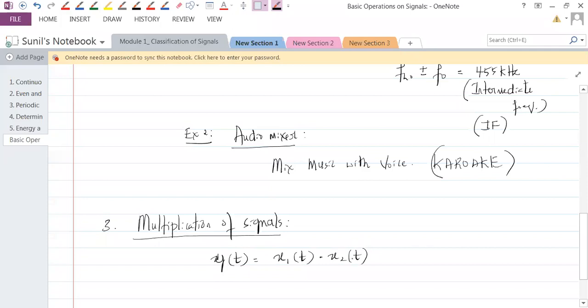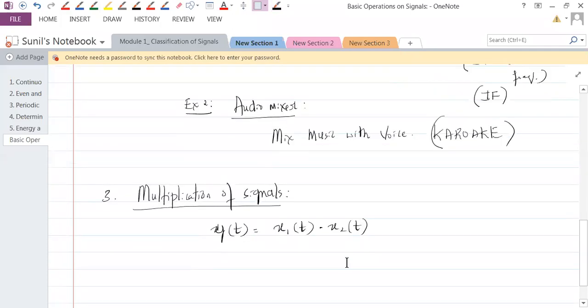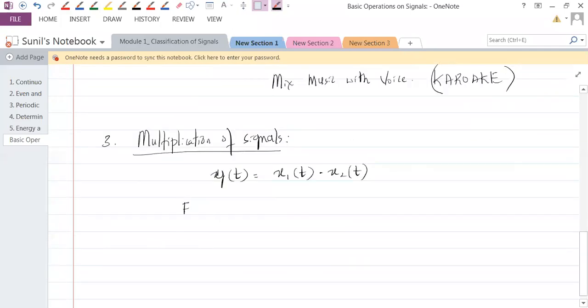Where do we come across multiplication of signals? Everybody understand this. Again, a very important example is modulation. There is something called AM, FM. There are so many different modulations. Amplitude modulation, frequency modulation. What are we doing in this modulation?